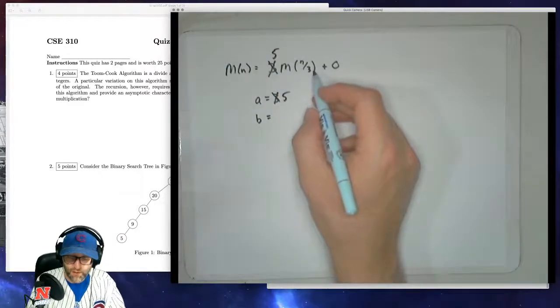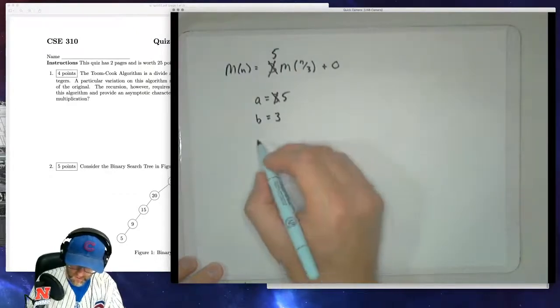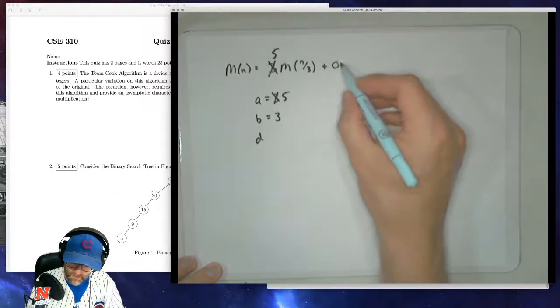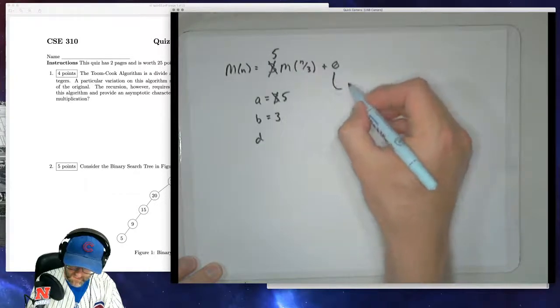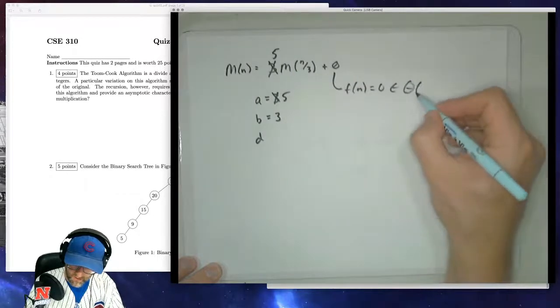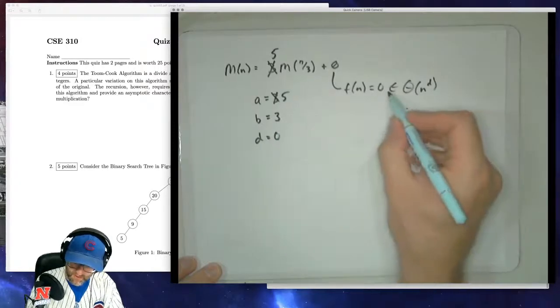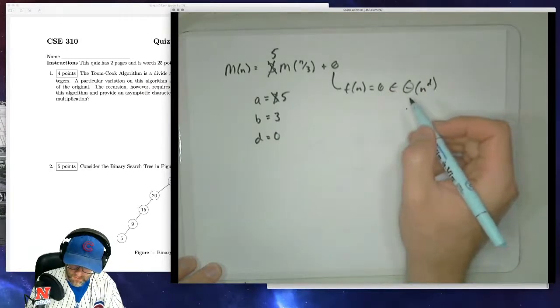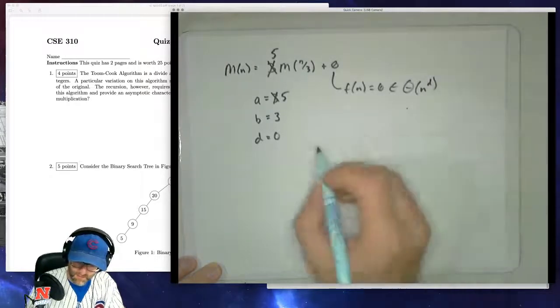They split them up into thirds. And so b is still 3. And then our d is 0. This is f of n, which is theta n to the d for what d? Well, in this case, d is going to be 0 because this is constant. So the exponent here has to be 0.